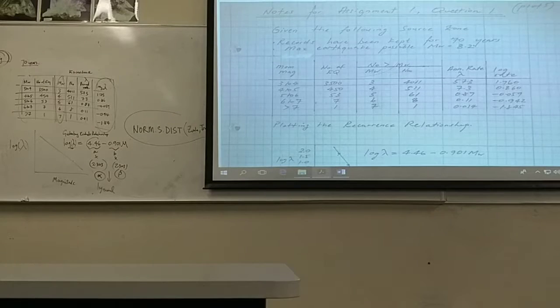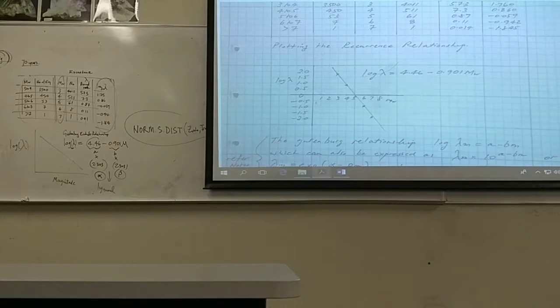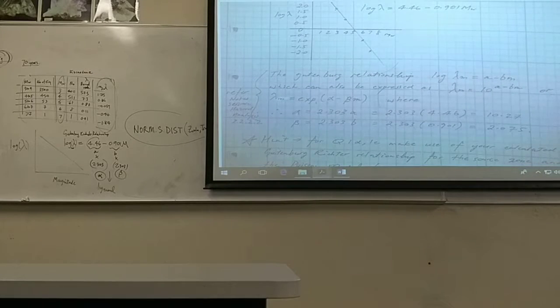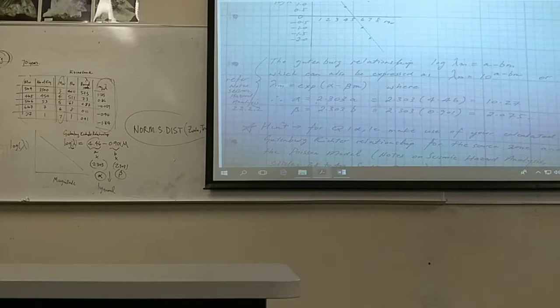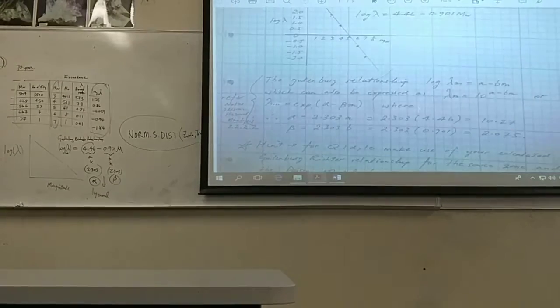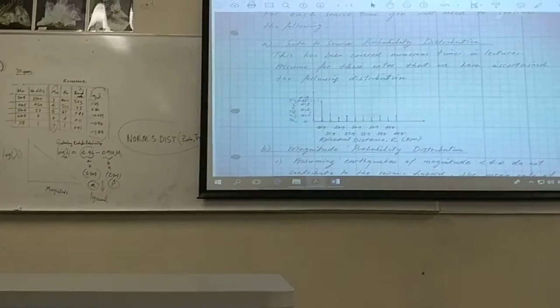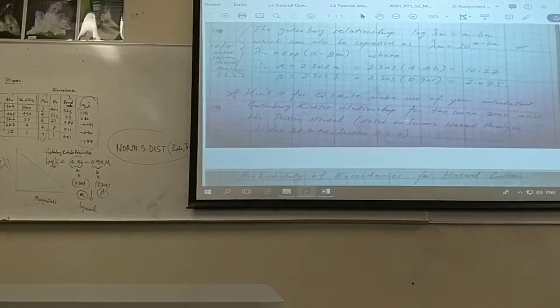Given the following source zone, this is an example on how to calculate your recurrence relationship. We can also express it exponentially, so this is how we calculate it. Here's another example in the notes.